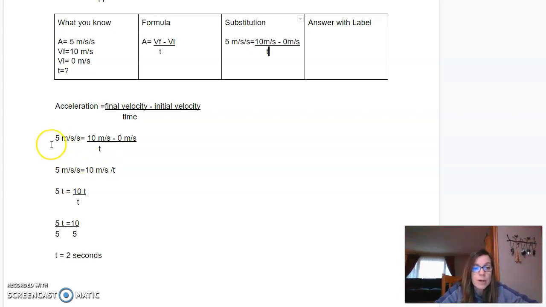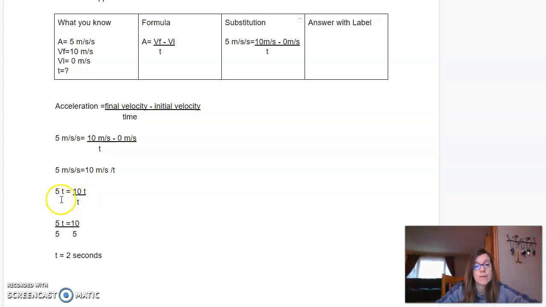So down here, what I did is I took 5 meters per second and I took the 10 minus the 0 and said that's equal to 10 over T. Okay, and if we want to get the T by itself, we need to use some ideas from math.